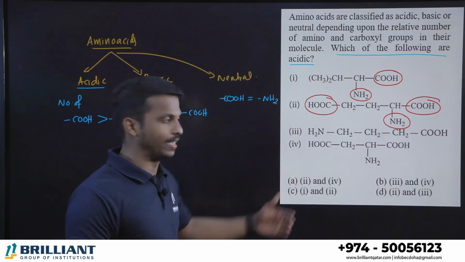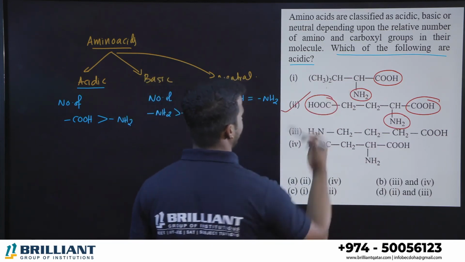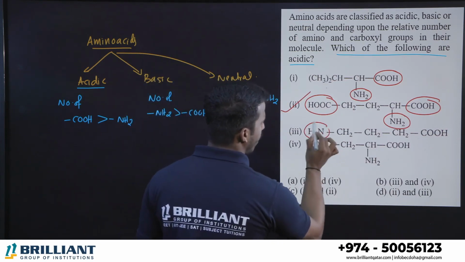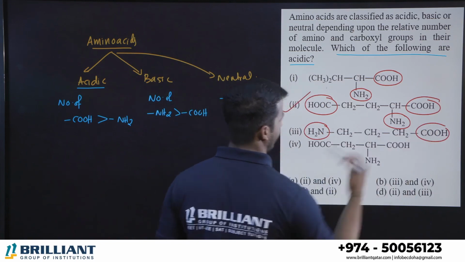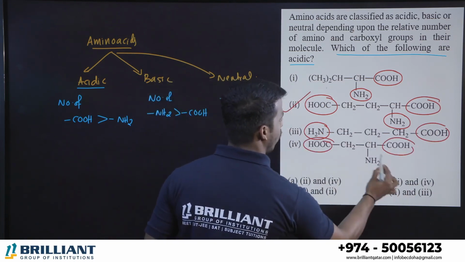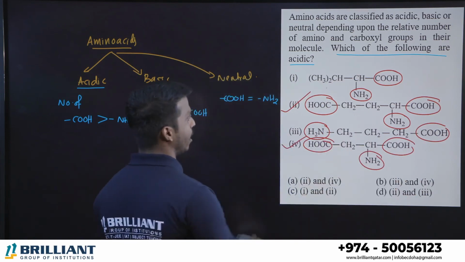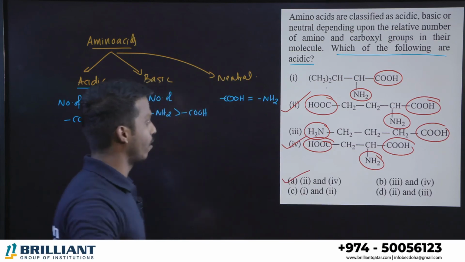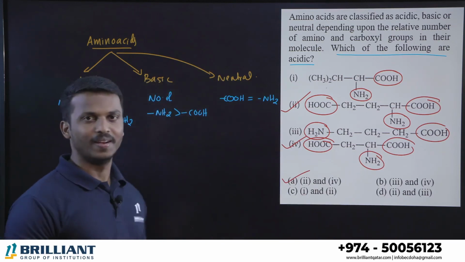Finally it becomes acidic. So the question is acidic one. Second one is possible. And third one is possible, dear all of you? No. One amine, one basic, one acidic. It becomes neutral. Fourth one, yes, two acid, one base. Yes, it is more acidic. So 2 and 4. 2 and 4. Option A. 2 and 4 are more acidic in nature.